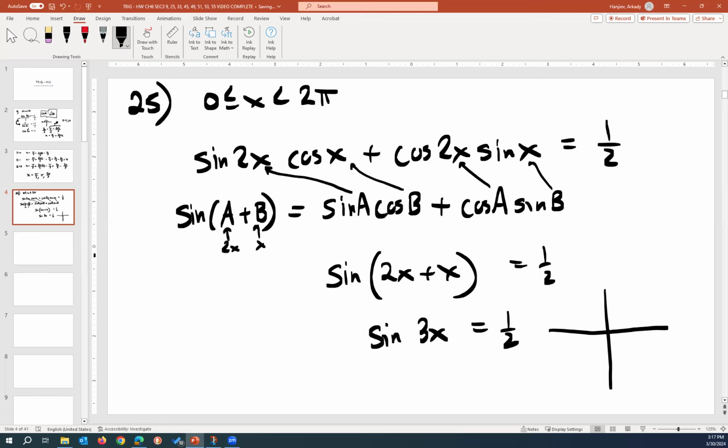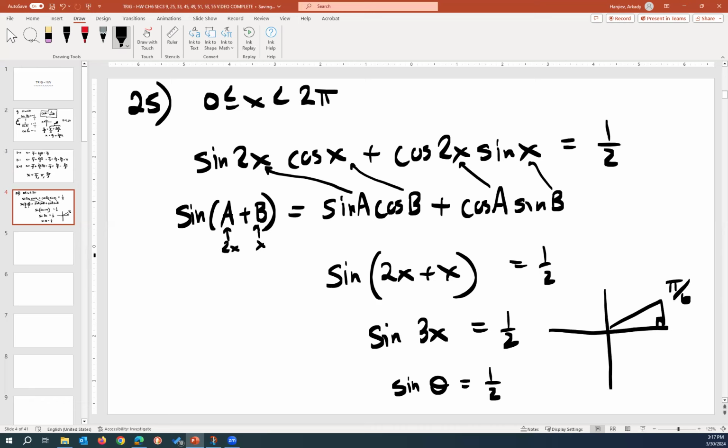a 1/2? So technically what I'm asking is, when is theta going to give me a 1/2? That's what I'm asking. And sine will give me 1/2 here. And let's see, we're in radian measurement. Okay. And that should give me, I think, pi over 6.